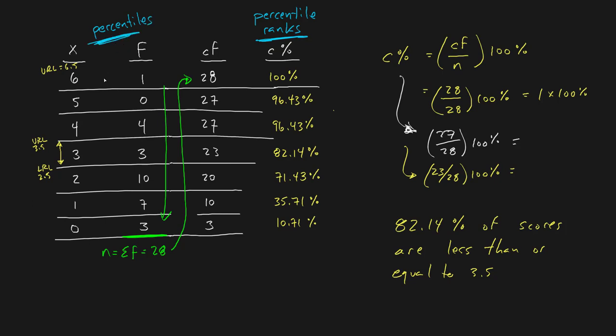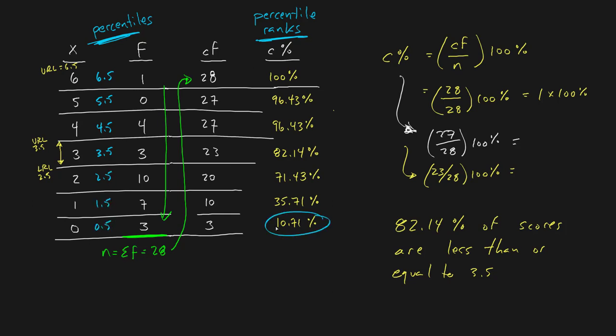If I wanted to create a column of percentiles, then they would be 6.5, the upper real limit of 6, and 5.5 is the upper real limit of this category, and 4.5, and 3.5, 2.5, 1.5, and 0.5.